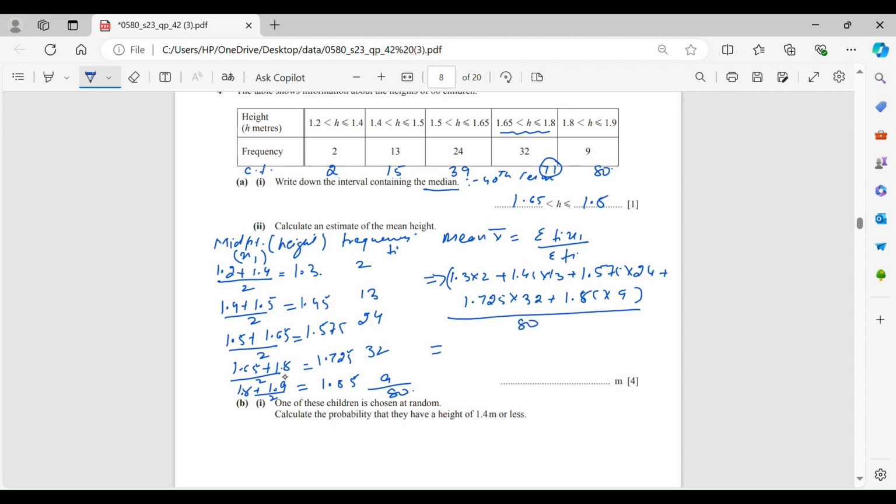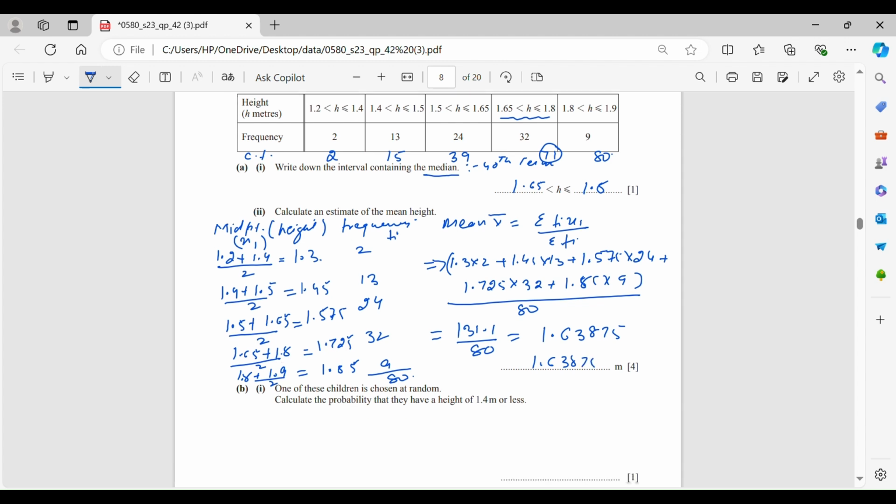Using the calculator, this will be equal to 131.1 divided by 80, which is equal to 1.63875. This is our answer. So our estimated mean is 1.63875, right? Next is part B.